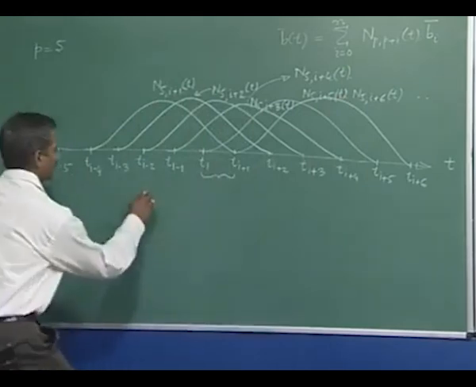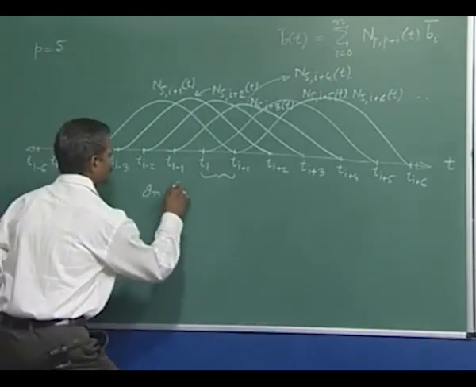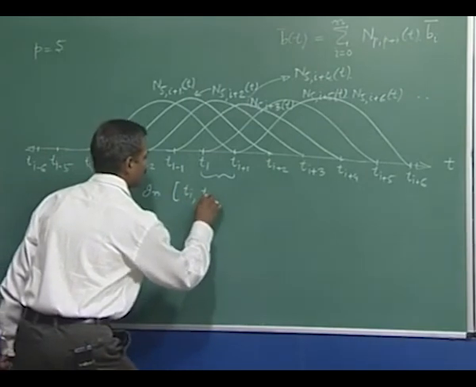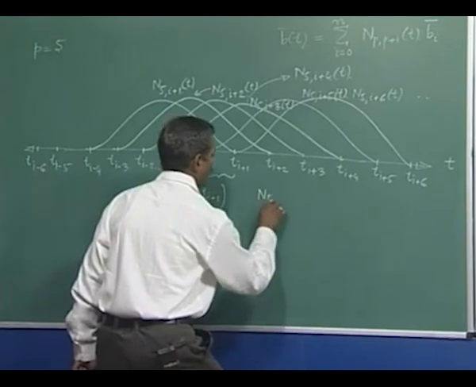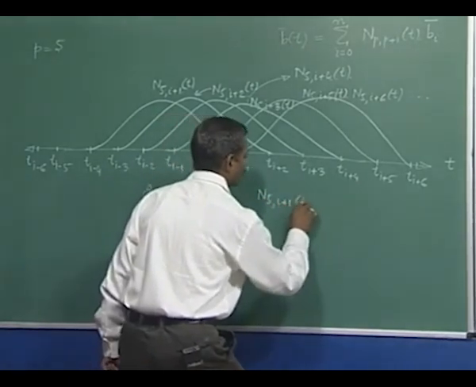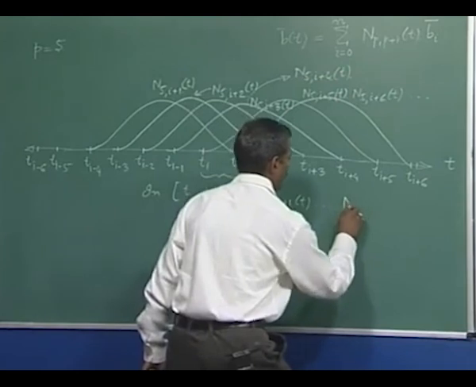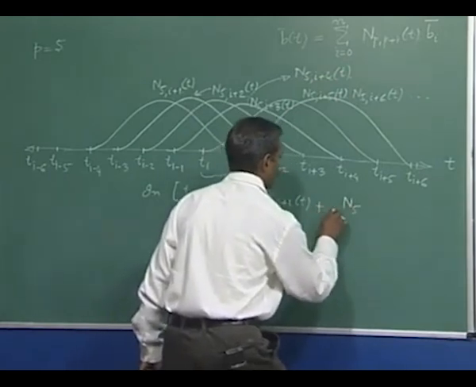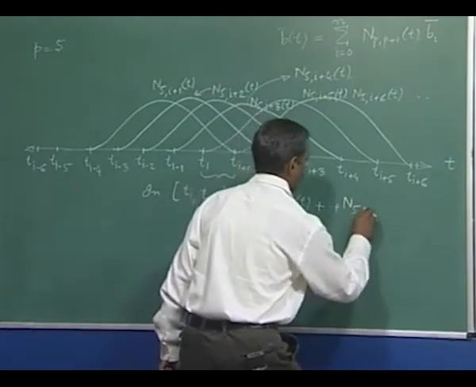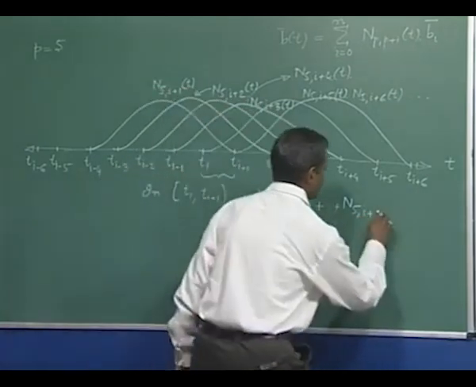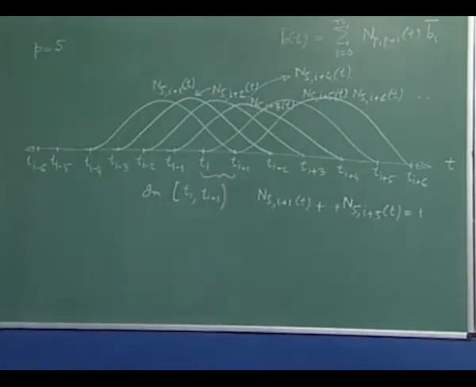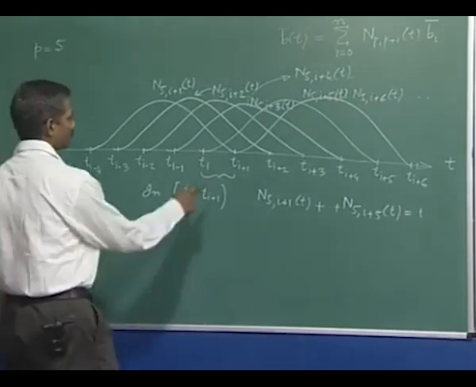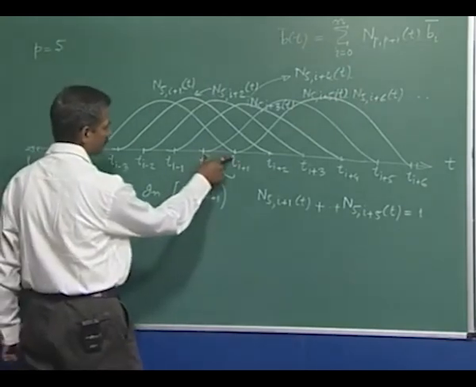So in a sense, in the interval ti to ti plus 1, they will sum to 1. All the other B-spline basis functions over this interval will be 0.